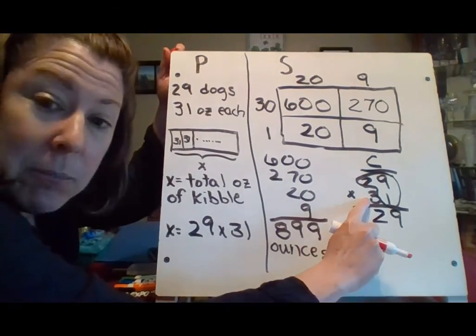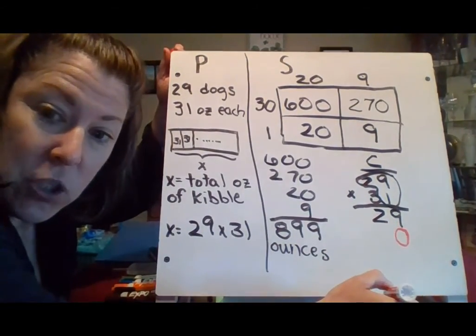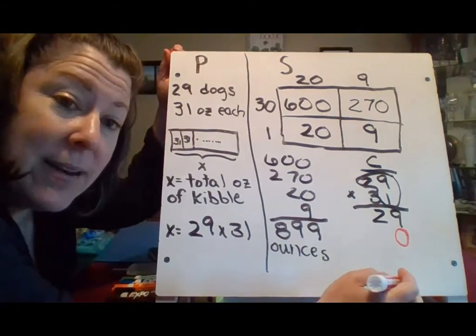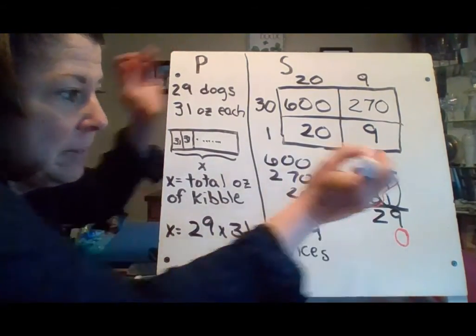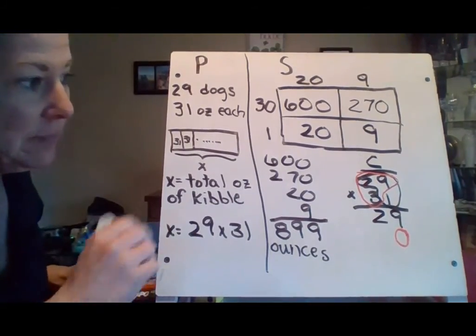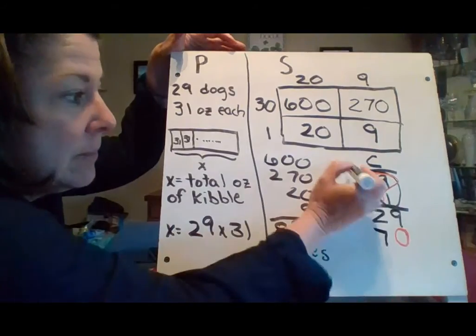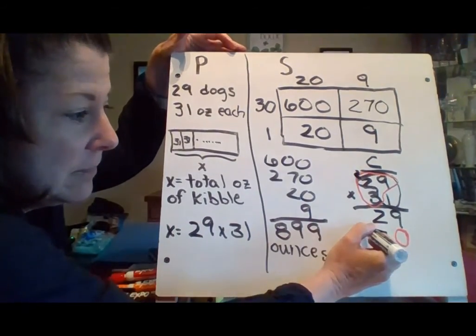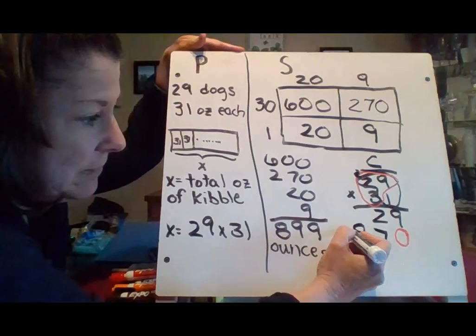Before I can multiply by the 3, I have to do my automatic 0, and now I'm going to multiply 29 times 3. 29 times 3 is 870.